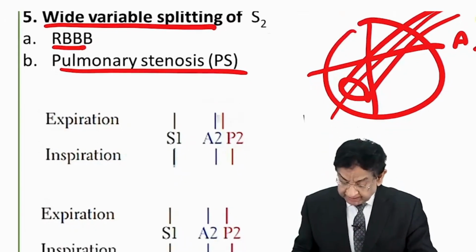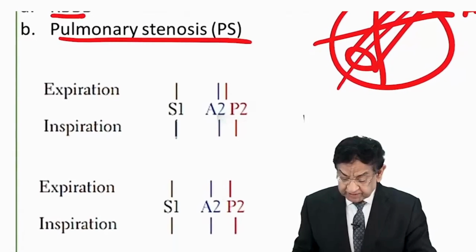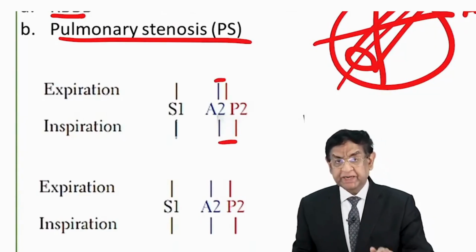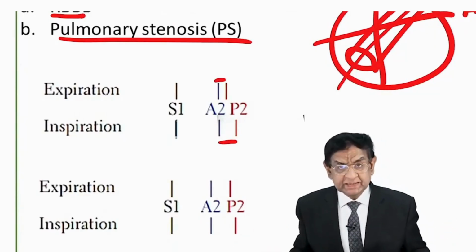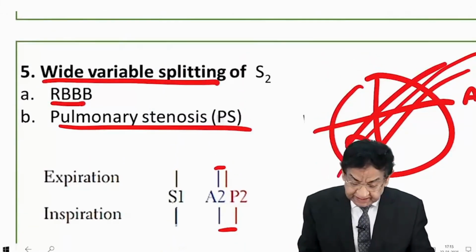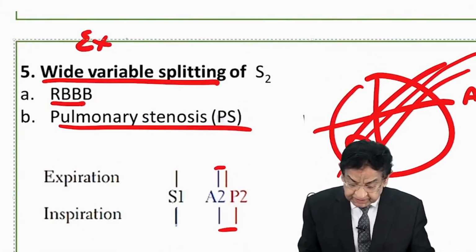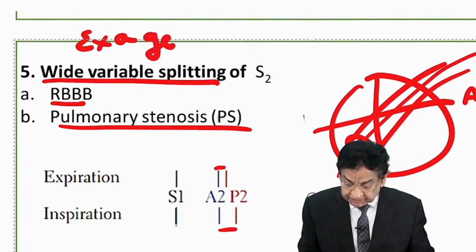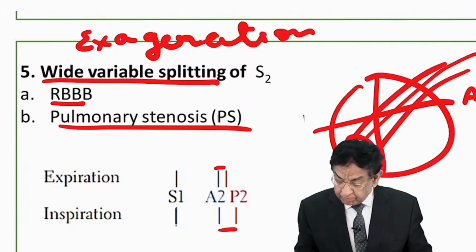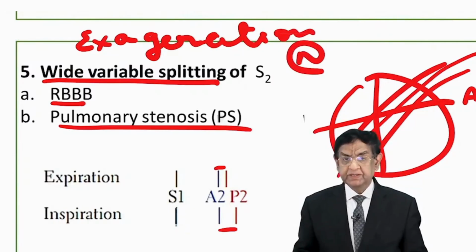What was the normal? In inspiration the gap was more, in expiration the gap is less, but now it is wider. That means, the other way around, I can say it is simply the exaggeration of the normal phenomenon.